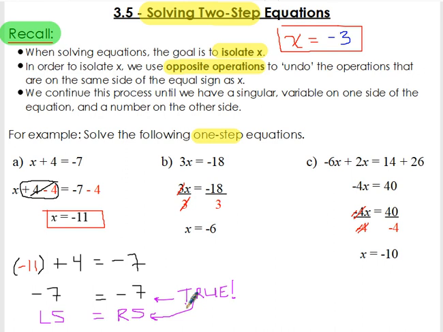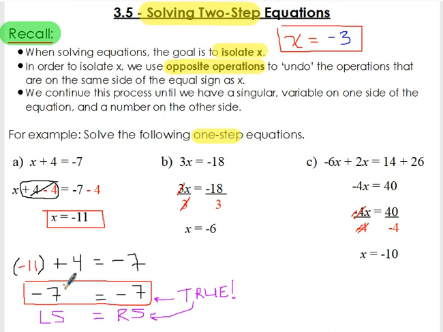The answer is correct. A lot of math people will say, okay, that just means left side equals right side. Yes, you might have heard that before in your math life. But truly what's happening is that the math brings about a true statement saying negative 7 equals negative 7.